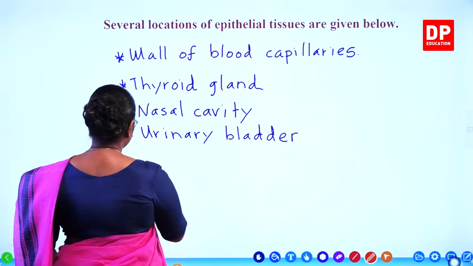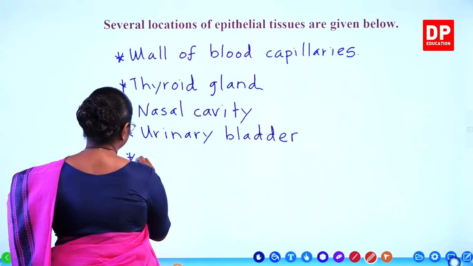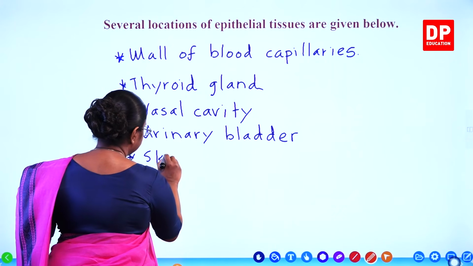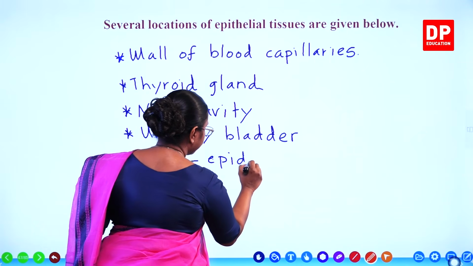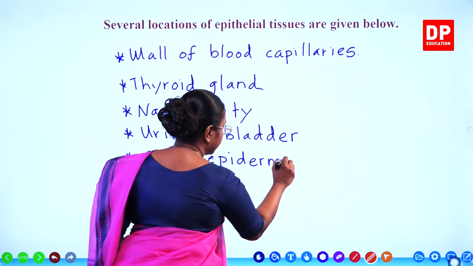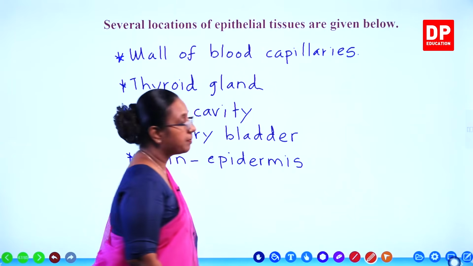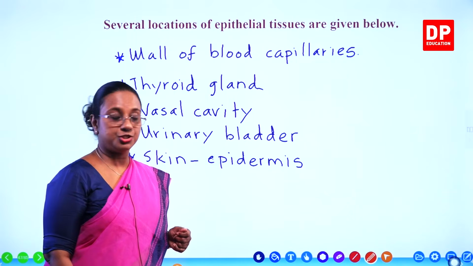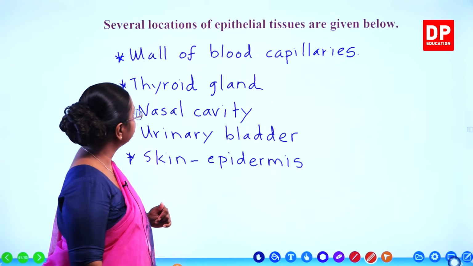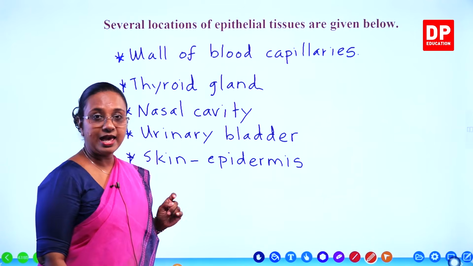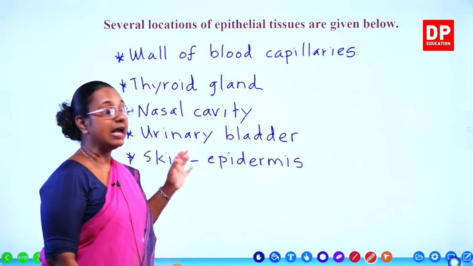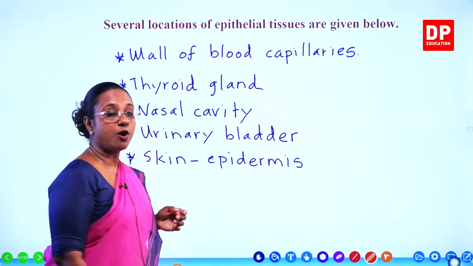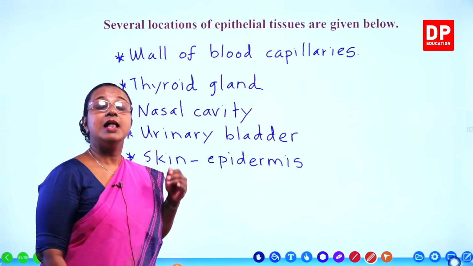The epidermis of the skin is made up of epithelial tissues. The wall of blood capillaries, thyroid gland, nasal cavity, urinary bladder, and the epidermis of the skin are all lined with epithelial tissue.